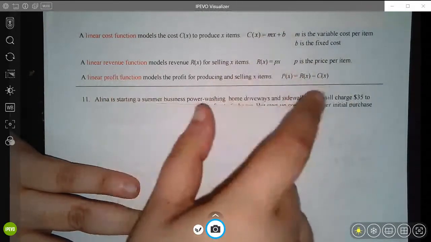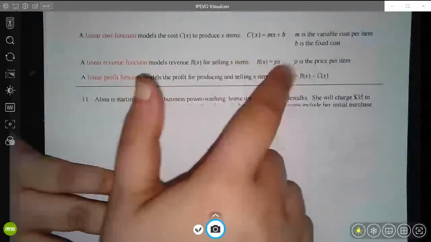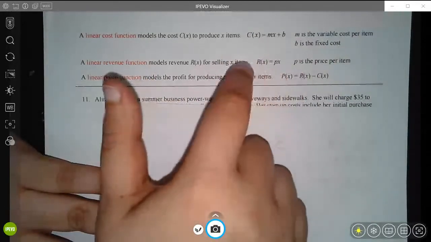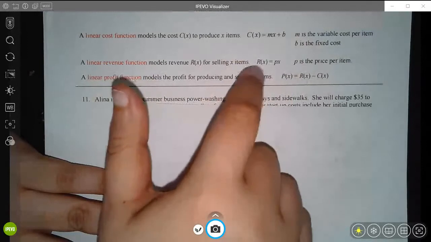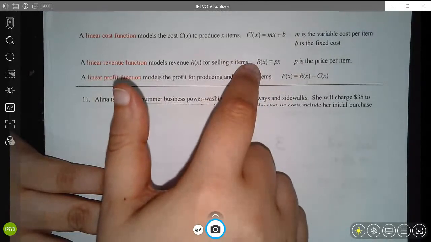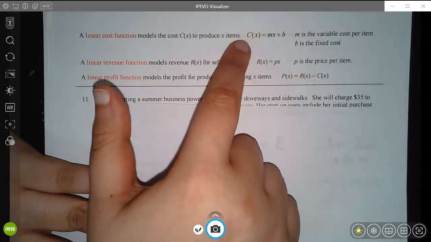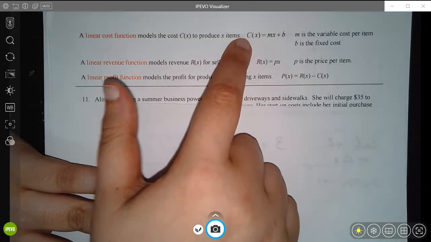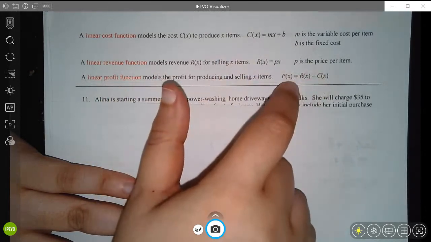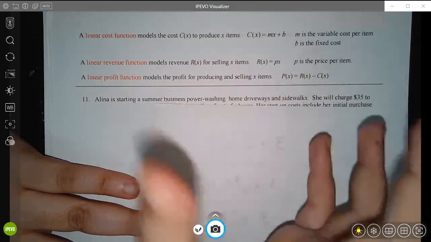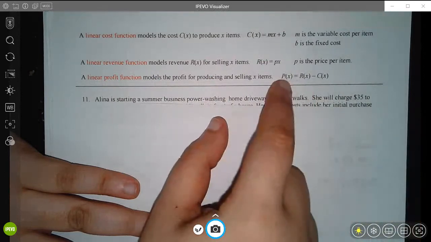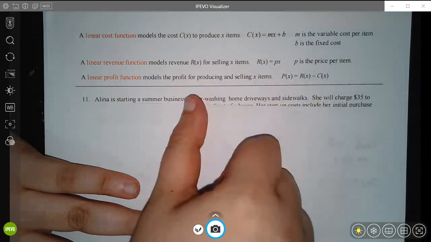Make sense? So this is the entire revenue, every cent of currency you made selling the product you have. This is how much it costs you to make that product, and the difference between the two is going to be the extra money you came up with. Make sense? So profit is revenue minus cost.